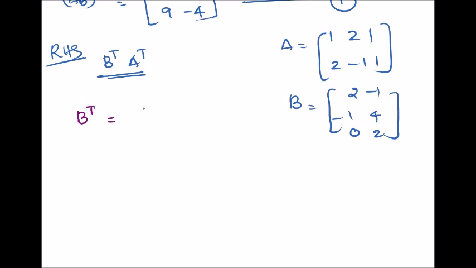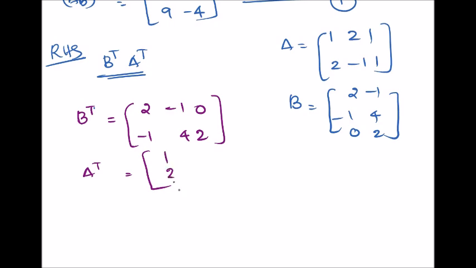B transpose is equal to interchanging the rows and columns of B. That is [2 -1 0; -1 4 2]. In a similar way, A transpose is equal to [1 2; 2 -1; 1 1].